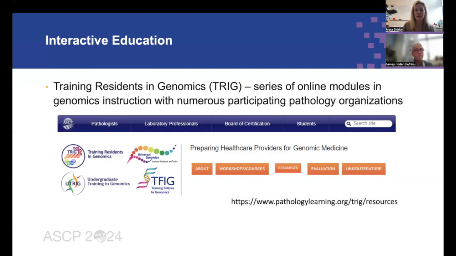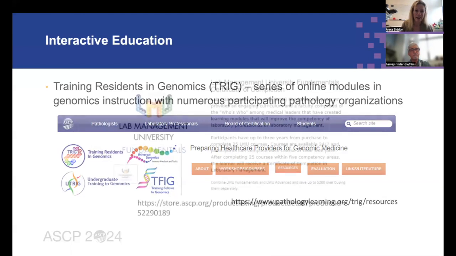So there's modules that are more directed towards residents and fellows, and then there's undergraduate resources. You can find this on the ASCP website, but it's hosted by, again, several of our different pathology organizations, and I think this is a wonderful resource to share. And HemePath has so much molecular in it that I always recommend our trainees check it out.